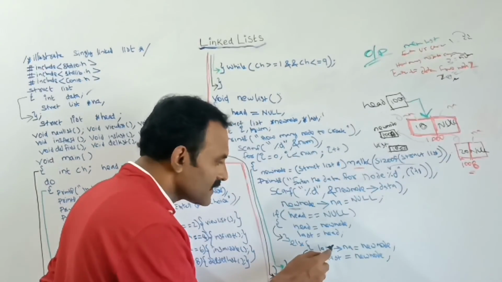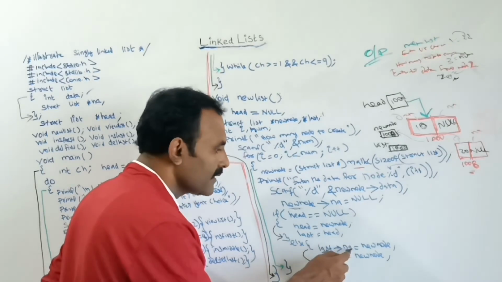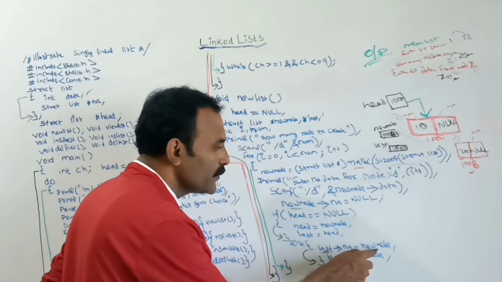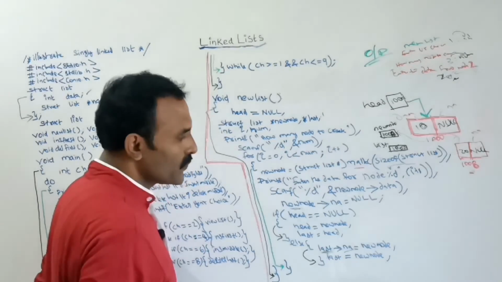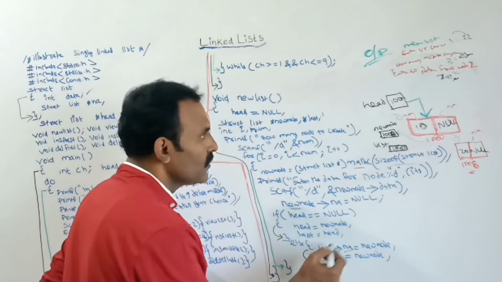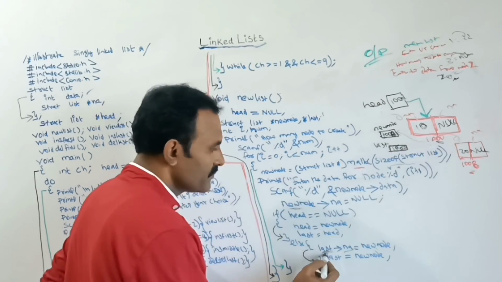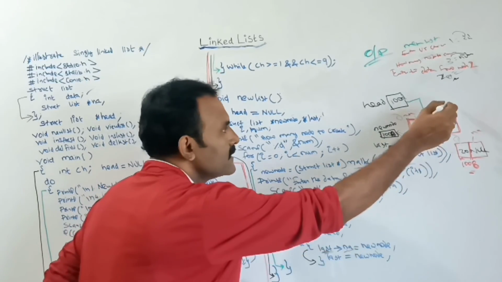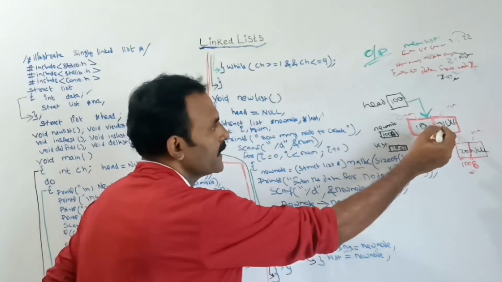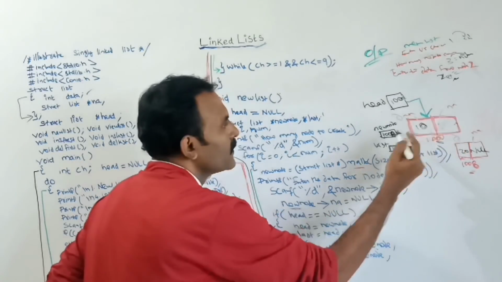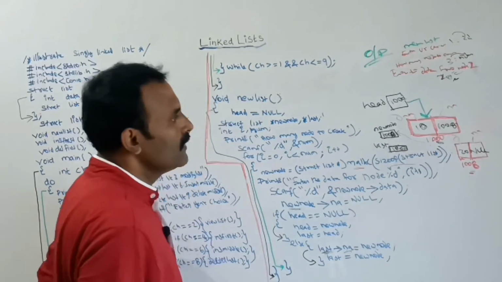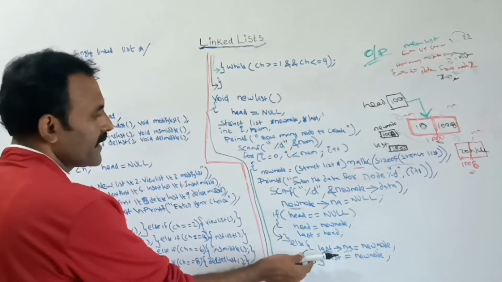So to the 1000th memory block's NA field, I am going to store the new node value, which is 1008. So now I had created the link.